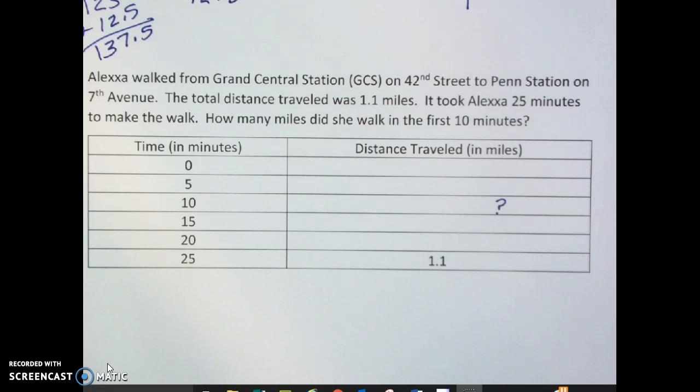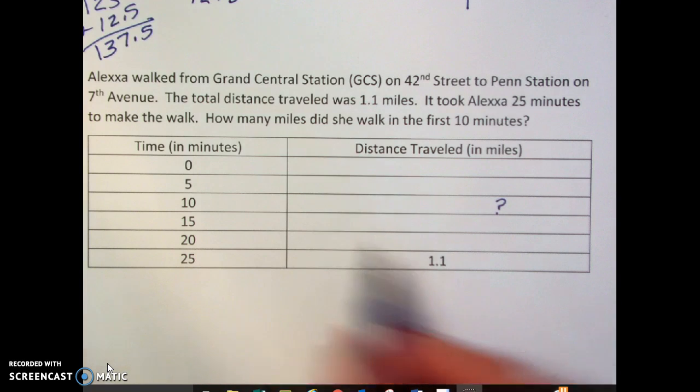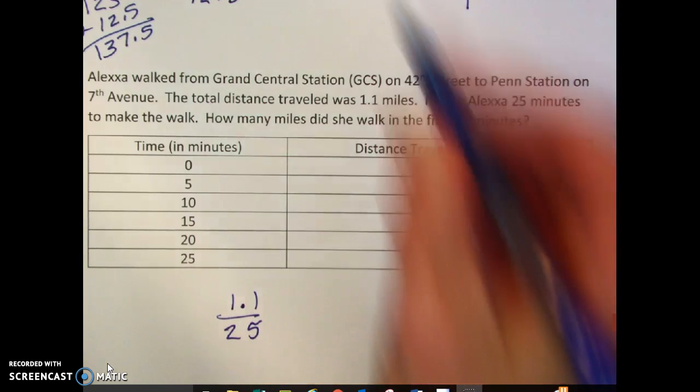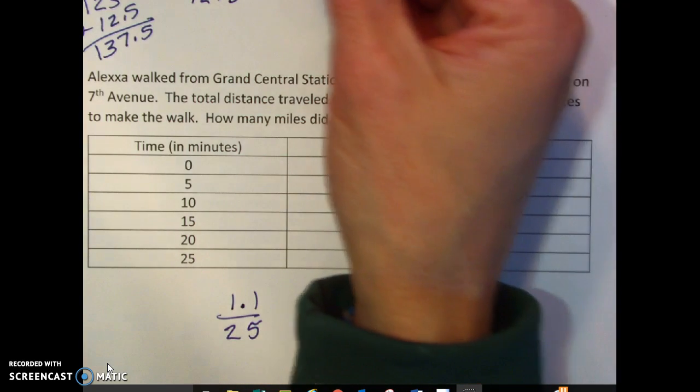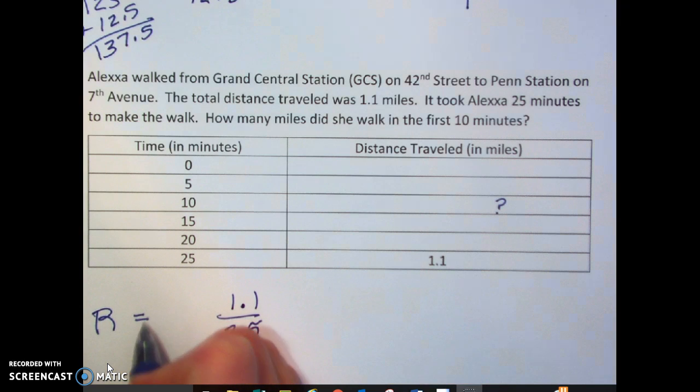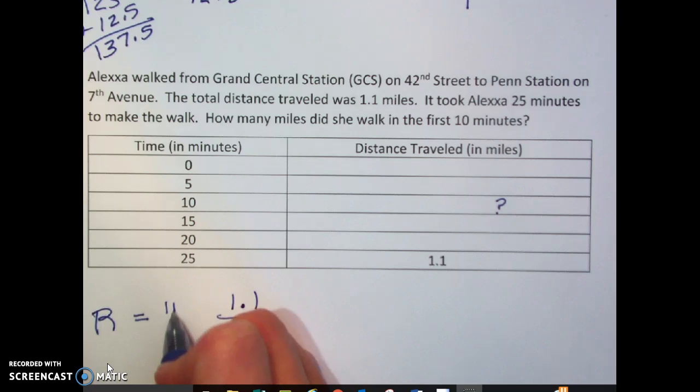Well, if we can walk 1.1 mile in 25 minutes, then we should be able to calculate our speed. So 1.1 divided by 25. Let's think about this. We have a rate equal to our distance divided by our time.